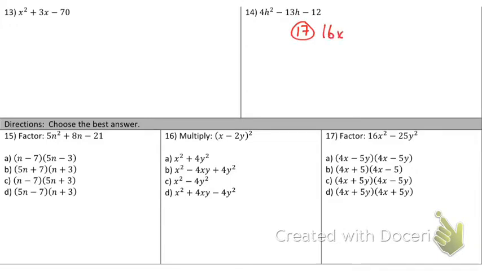16x squared minus 25y squared. All right. So if you look, this is your A value. We're missing the B value. And in this case, our C value is the C value because it has a different variable.